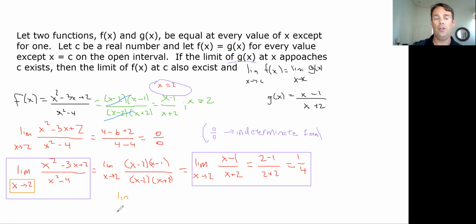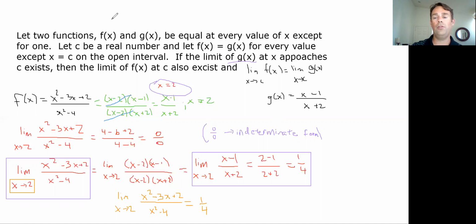So the limit as x approaches 2 of x squared minus 3x plus 2 all over x squared minus 4. Even though that was 0 over 0 to begin with, because I was able to evaluate it in its other form, I'm now able to say what this is.